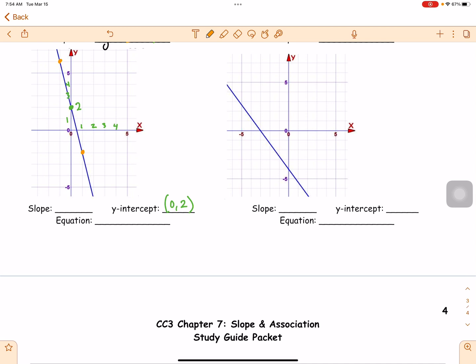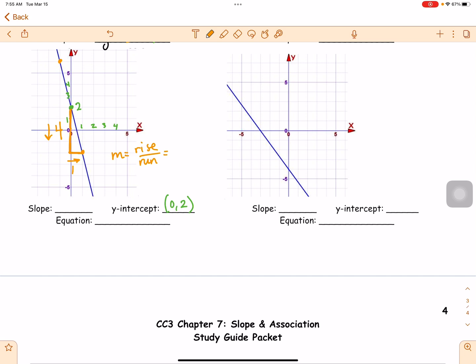Now I need to make a slope triangle. So I can use any 2 of the lattice points, including the y-intercept. That is also a lattice point. So we're definitely going down this time. It's a negative. So we go down and then to the right. So my slope is rise over run. I went down 1, 2, 3, 4. And I went over 1.